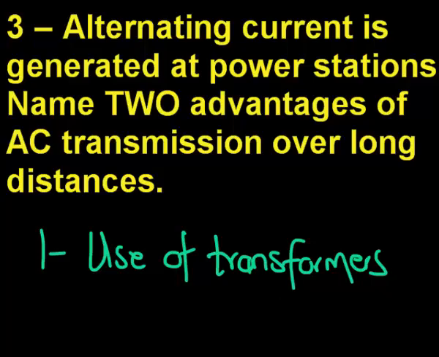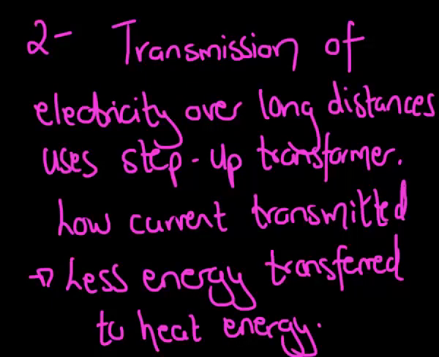Secondly, seeing that we are able to make use of transformers, our transmission of electricity over long distances can make use of a step-up transformer. That means we'll have a high potential difference, but a low current will then be used to transmit this electricity.